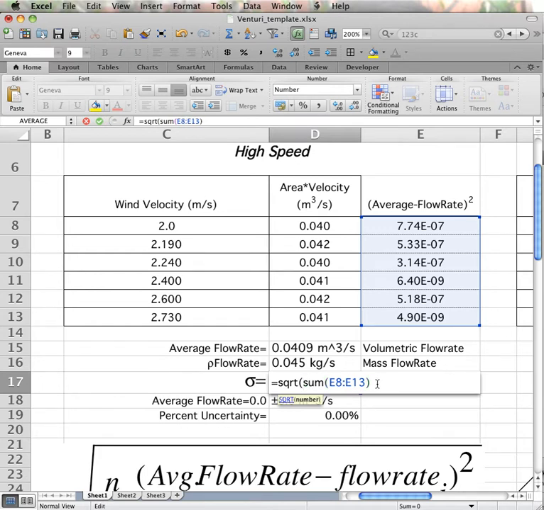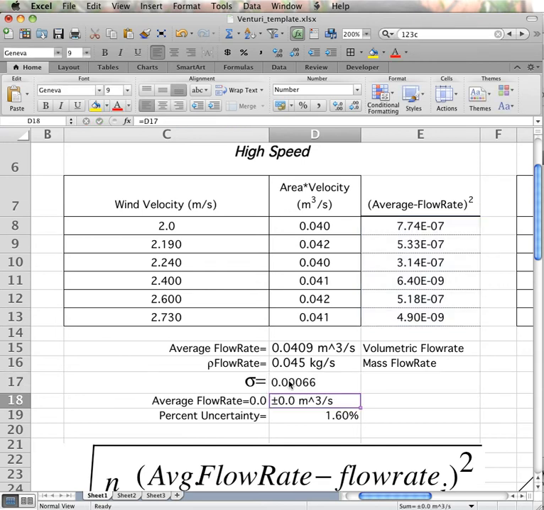That was silly of me. Then I want to divide that by, here's where I want to open a set of parentheses, the number of data points, so I'm going to say count, open parentheses, all of these cells, close parentheses, and then minus 1, because it's supposed to be n minus 1. Then I want to close a parenthesis for this count, and then I want to close the parenthesis again for the square root, and hit return.